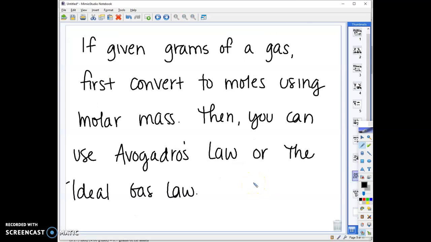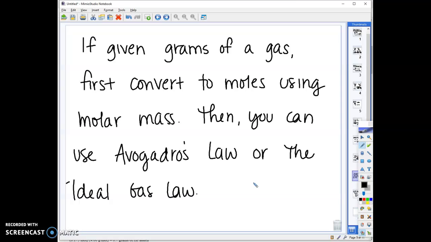Now sometimes you might be given grams of a gas and volume. Well, if you're given grams and volume and you think, oh, I don't know what to do because I don't have any gas laws that involve grams, but we can easily convert grams of a gas to moles of a gas using molar mass.